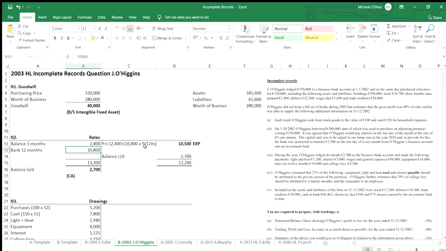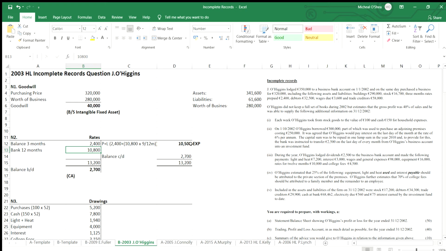So 10,800 multiplied by 9 divided by 12, plus the 2,400, gives me 10,500. That's equal to my 2,400 plus my 8,100. That's my figure for this year for rates, so that's my expense.